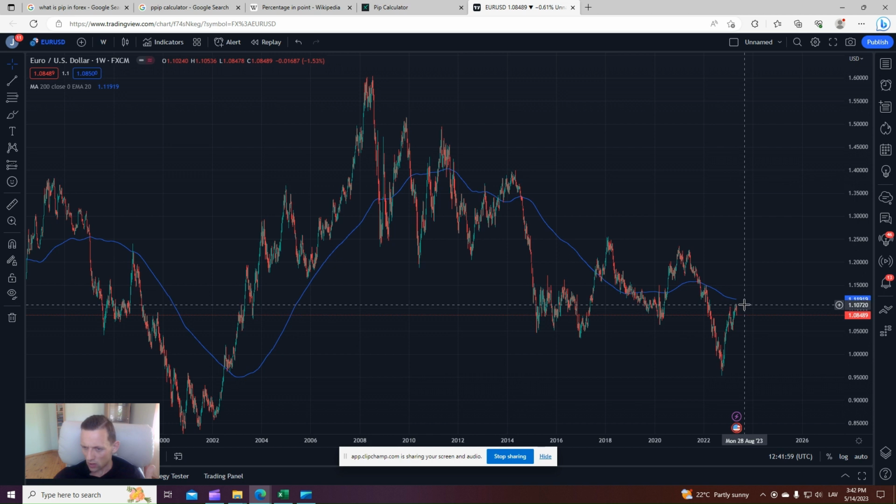For instance, we could have the euro priced at 1.11. The euro could be priced at 1.11 against the dollar, and it could fall to 1.085. And this movement is expressed in pips.